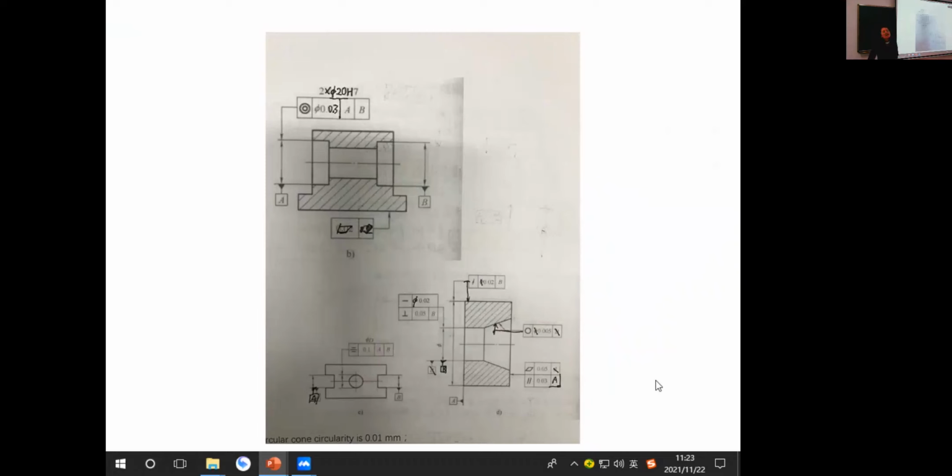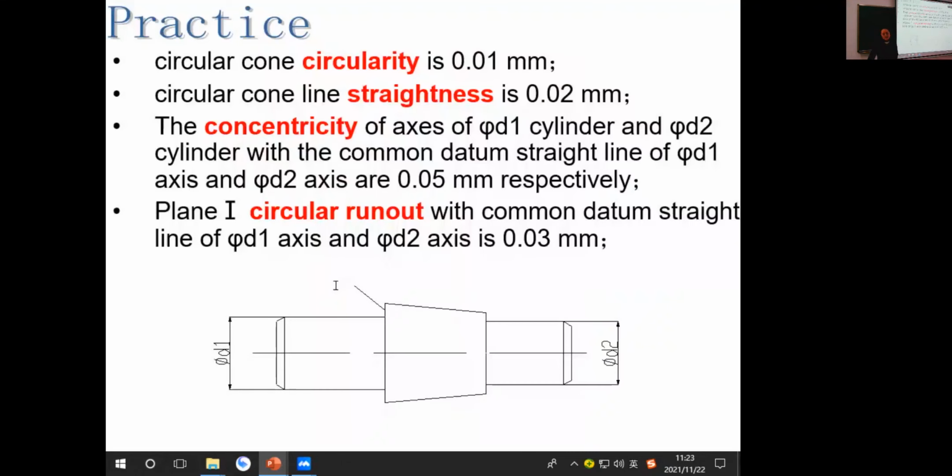Oh, okay. Understand that? This one, circular cone. Draw this frame by yourself. The circularity is 0.01. The first one, the circular cone line straightness is 0.02 millimeter.